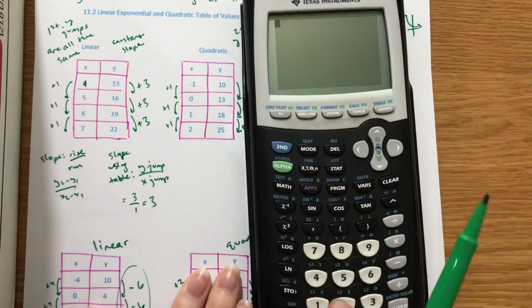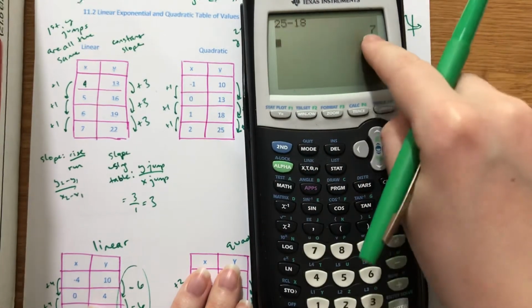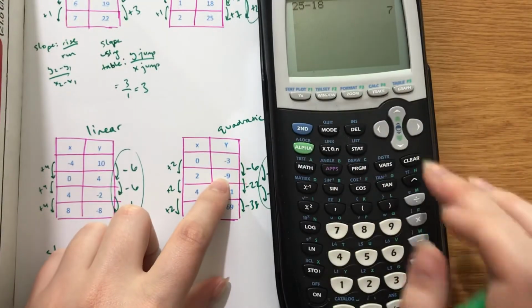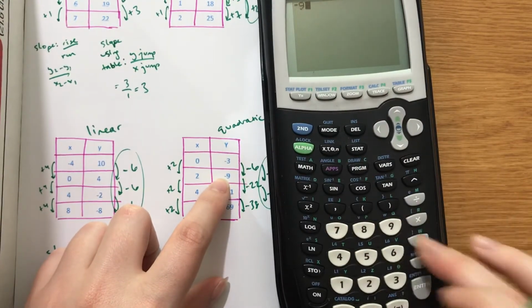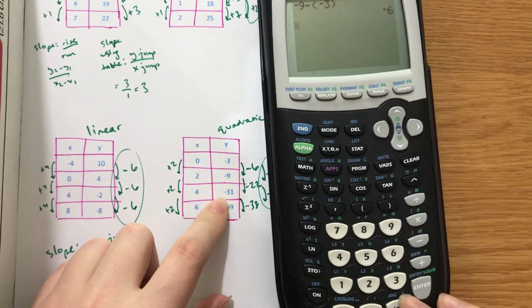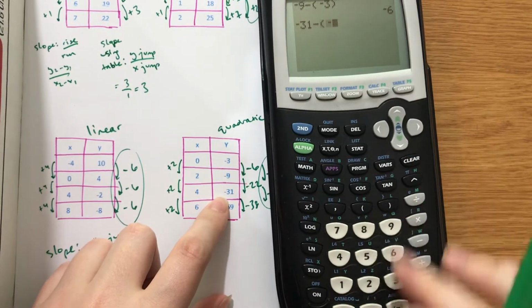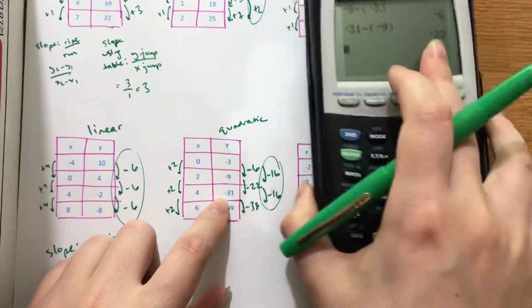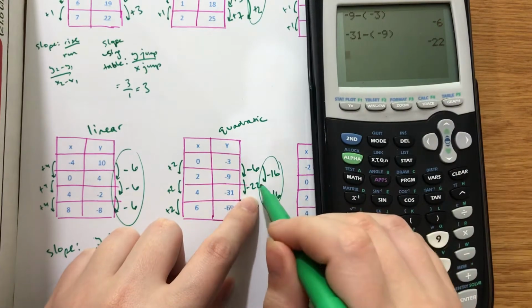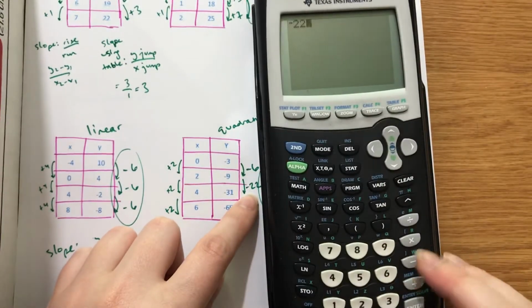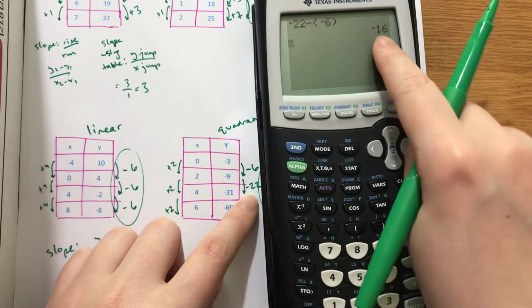The next jump, 25 minus 18 gives you 7. So you can do the same thing with negatives. To figure out the jump, you can do -9 minus -3, and you're subtracting 6. -31 minus -9. You just have to be careful with your negatives. And the same thing for the second jumps. How did I get from -6 to -22? I subtracted something, right? -22 minus -6 is -16.